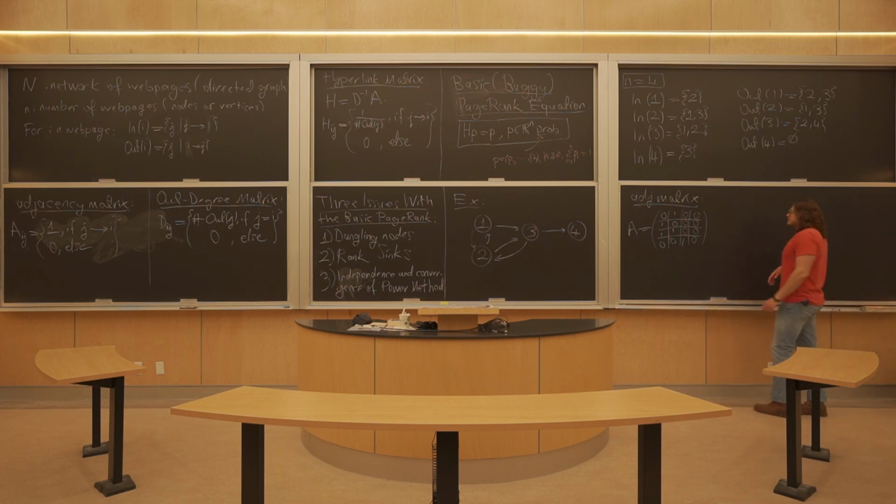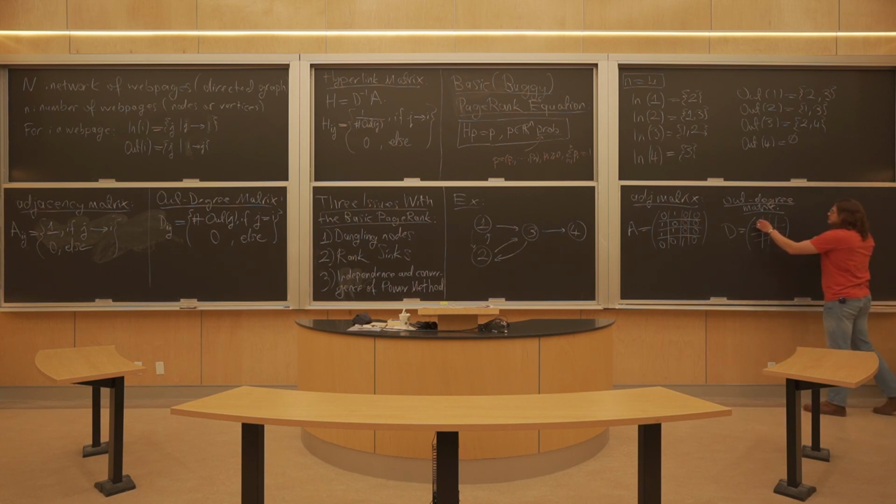Next, the out degree matrix. This time it's going to be a diagonal matrix that is again 4 by 4. Here I want to put the number of web pages in out of 1.